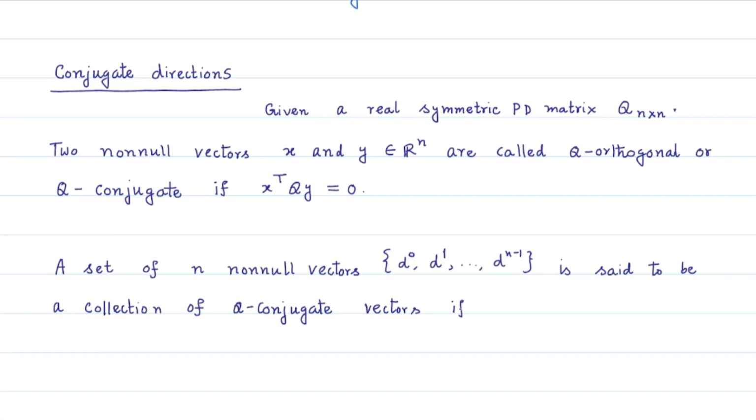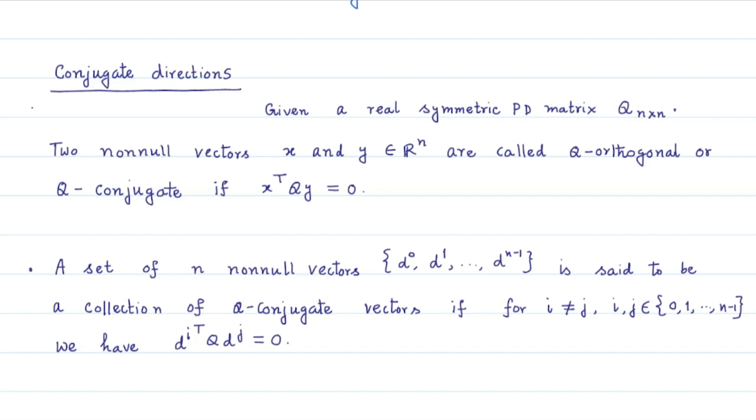That is, for any i not equal to j, with i and j chosen from the index set 0, 1, 2 till n minus 1, we have d_i transpose Q d_j equal to 0. So if any pair of vectors taken from this set are Q orthogonal, then we call this set of non-null vectors Q conjugate with respect to the matrix Q.